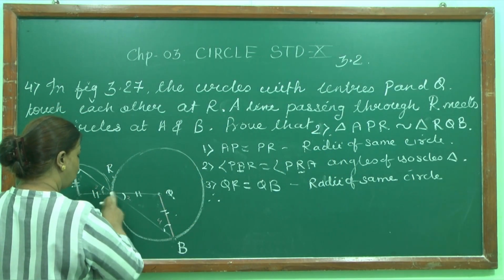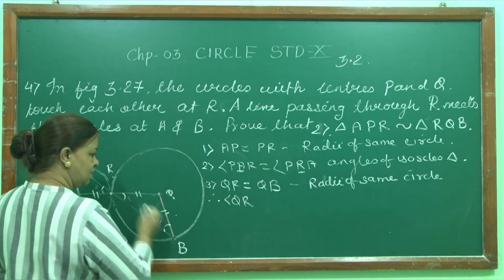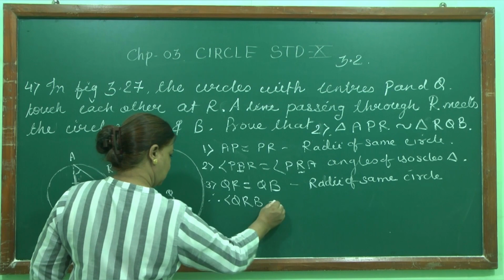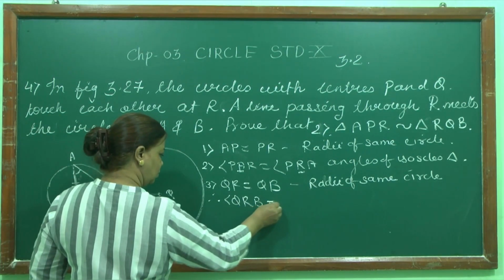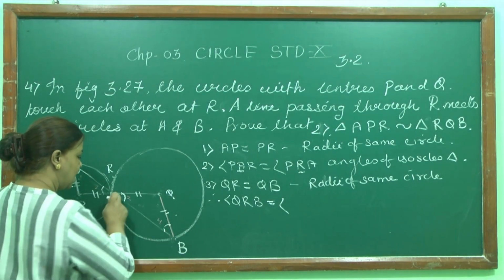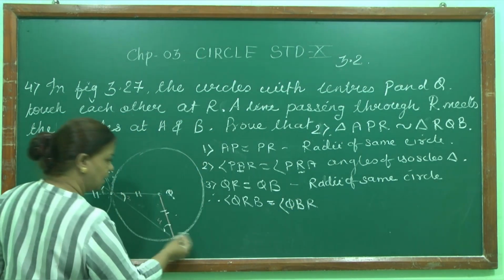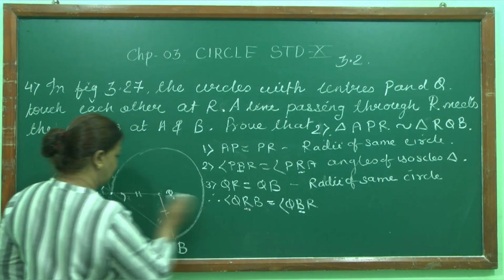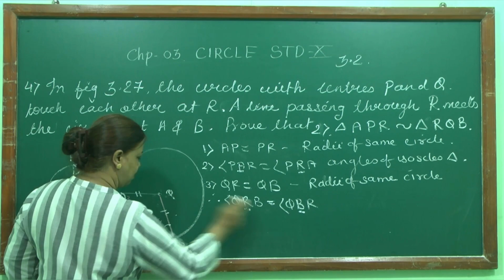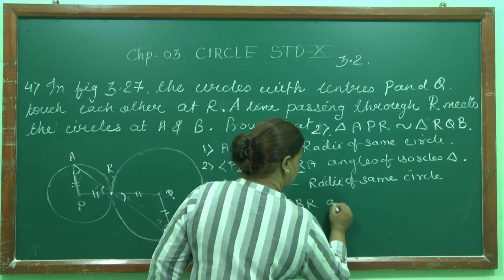Therefore, QRB, isosceles triangle it is. I want this angle, so angle QRB is equal to angle QBR. If I am taking this angle, I must take it in the middle. Angles of isosceles triangle.